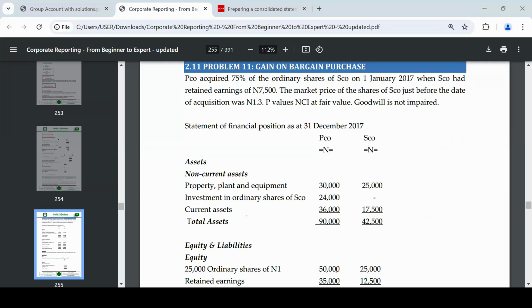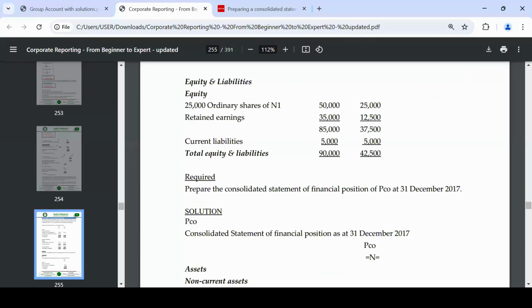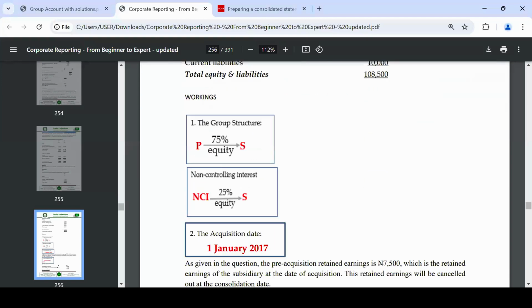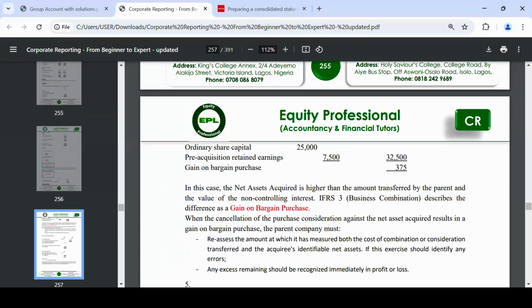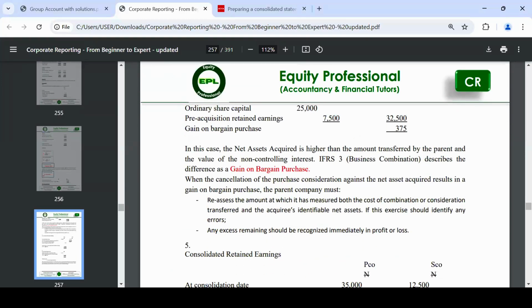Now, the guideline that the standard has given us is that when this occurs, you should go back and revalue again, reassess the measurement of the identifiable net assets that you have acquired to spot if there are any errors.